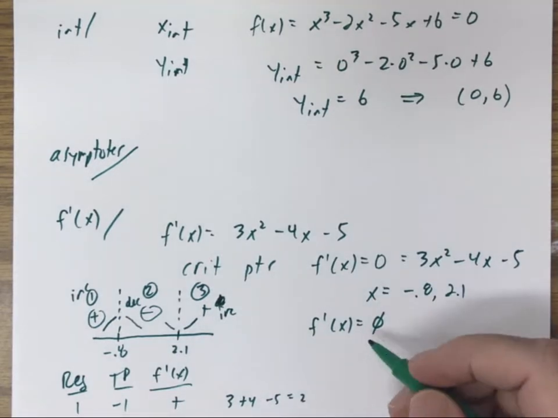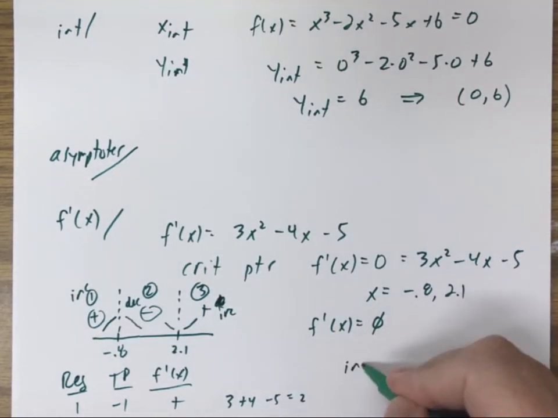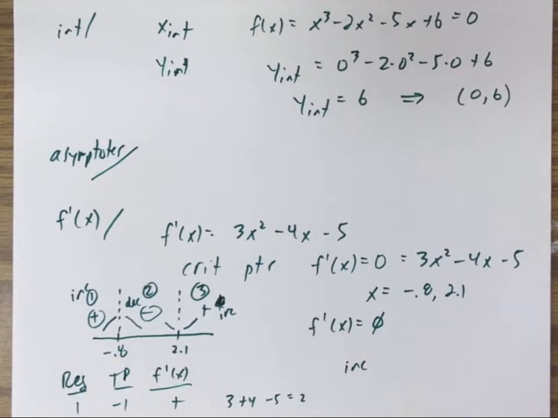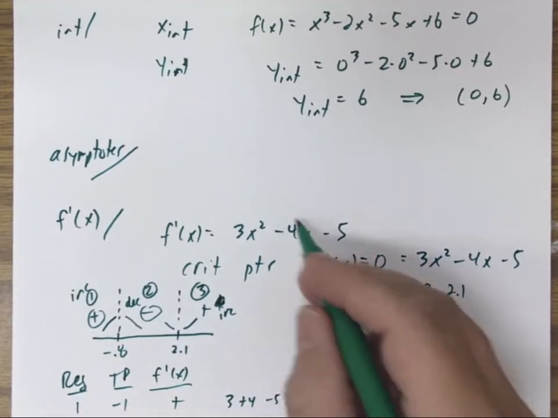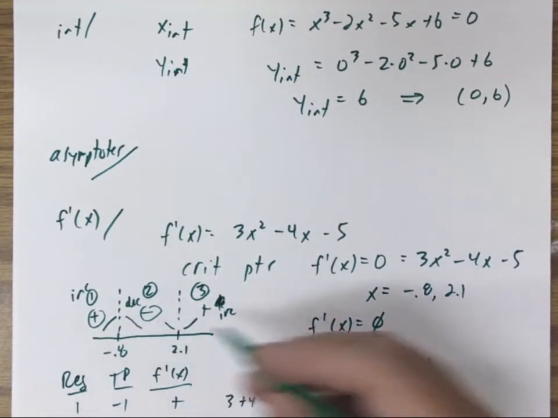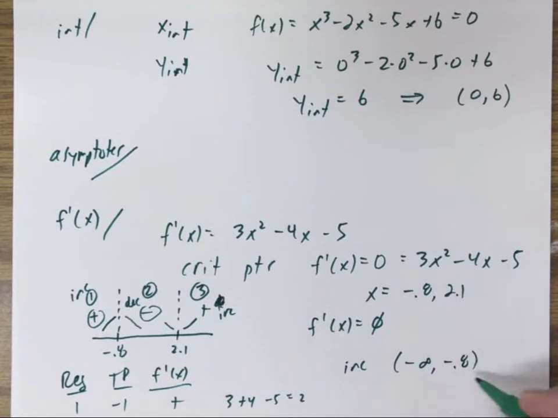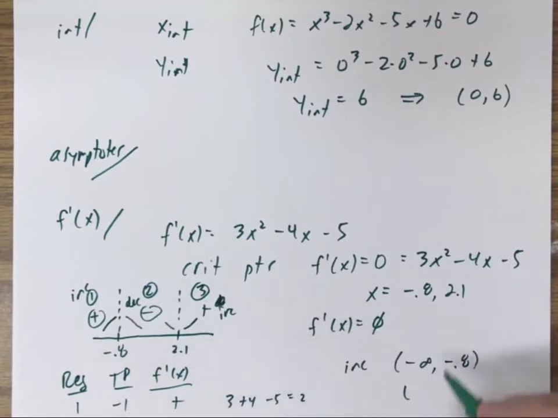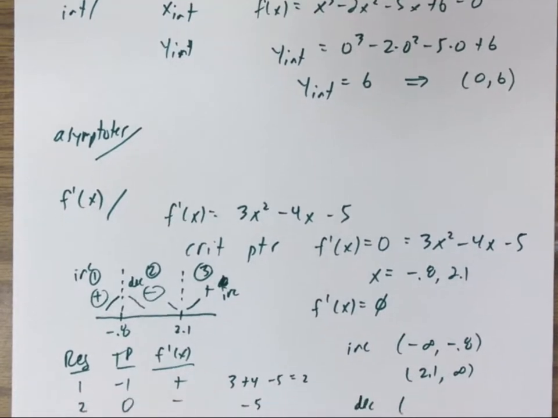So at this point, I can actually give where this equation is increasing: from negative infinity to negative 0.8, and from 2.1 to infinity. Where is it decreasing?